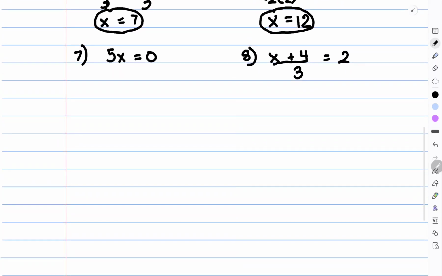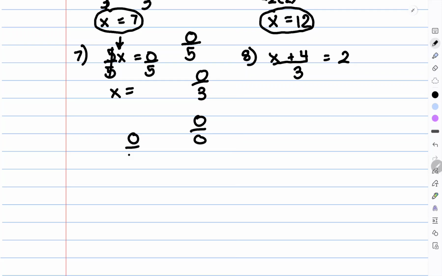Number 7, 5x equals 0. Here, 5 and x are multiplying with each other, so that means we're going to divide. So 5 divided by 5 cancels out, and 0 over 5. If we have a fraction where 0 is on the numerator and a number is on the denominator, like 0 over 3 or 0 over 13, any number under 0 means that it's always going to equal 0.